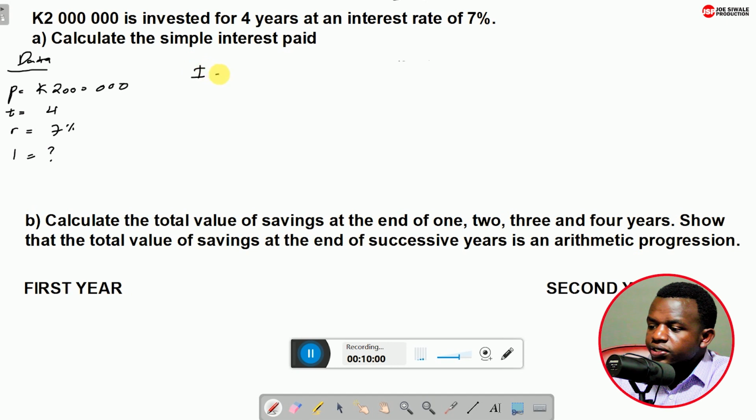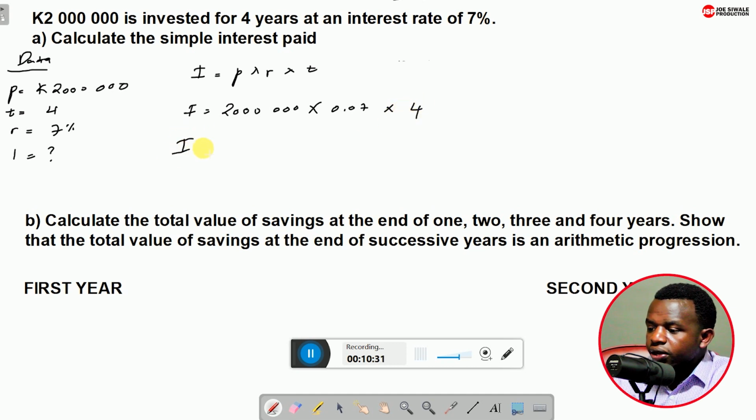So simple interest is equal to the principal multiplied by the rate of interest multiplied by the number of years, which is T. So our simple interest is equal to our principal, 2 million, multiplied by our rate of interest, 7%, which is 0.07, multiplied by T, that's 4 years.